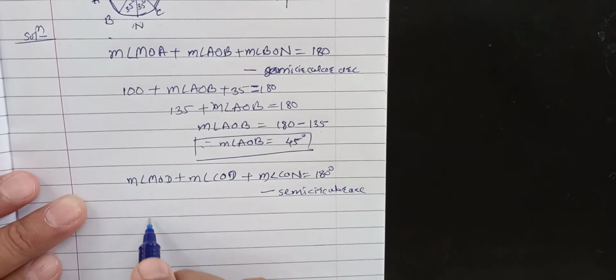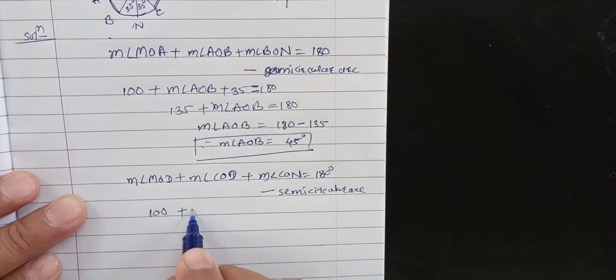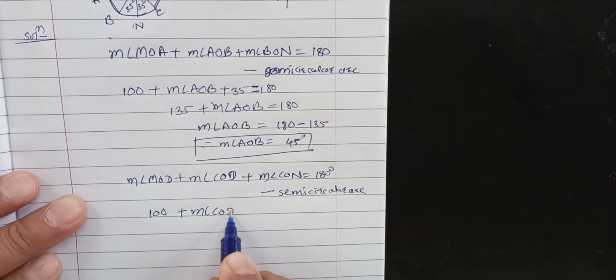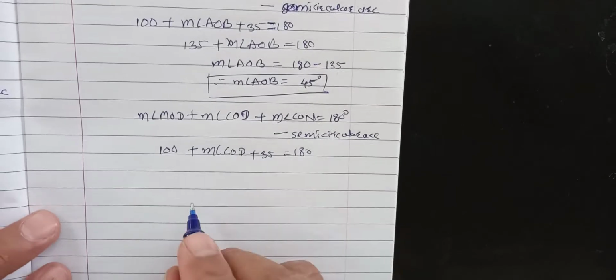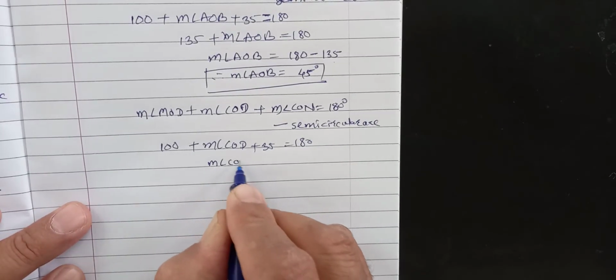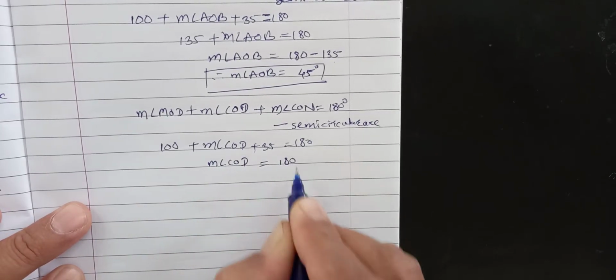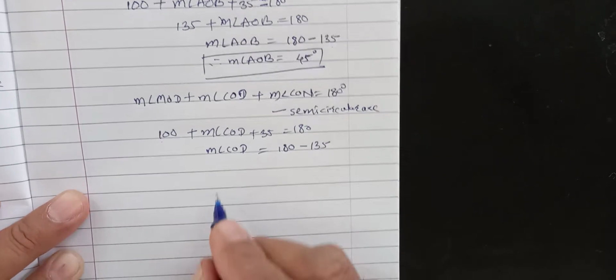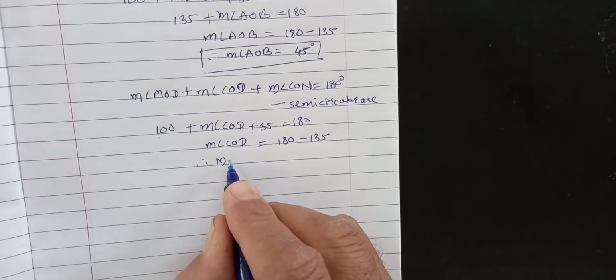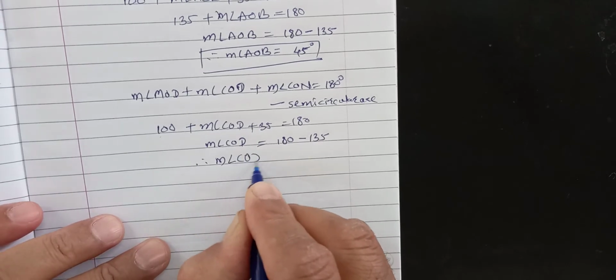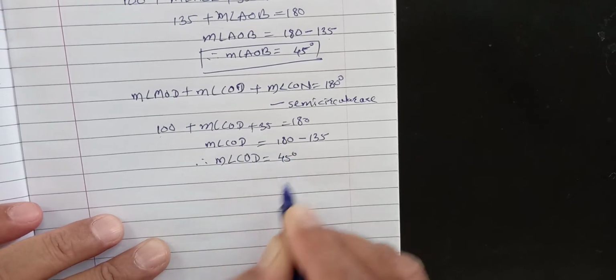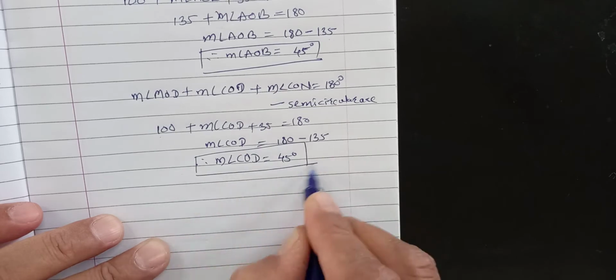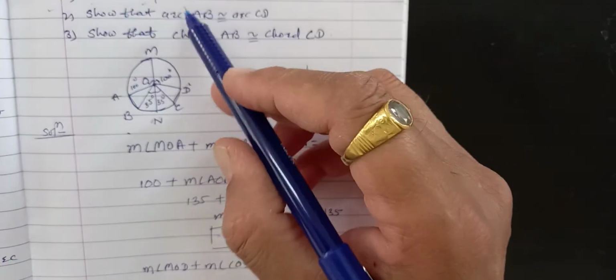Now put the values. MOD is 100, plus COD, we have to find this, 35, equals 180. Now we know measure of angle COD is equal to 180 minus the sum 135. When it goes to that side, minus. So therefore measure of angle COD is 45 degrees. So we found the second measure also.